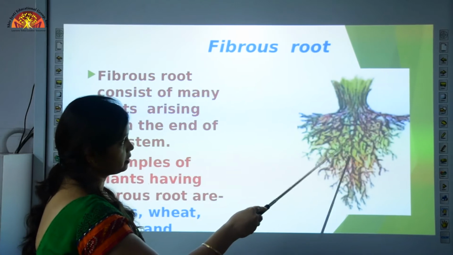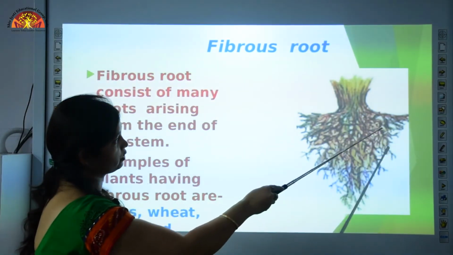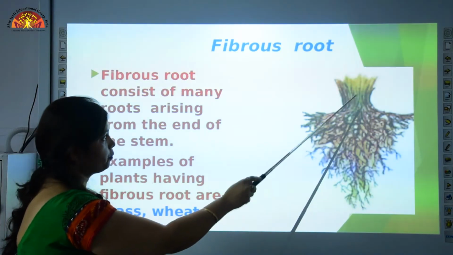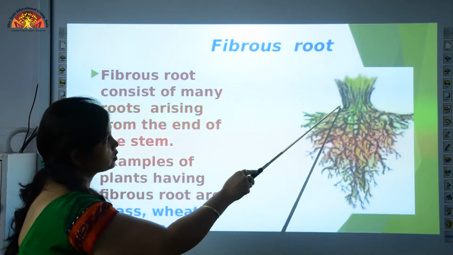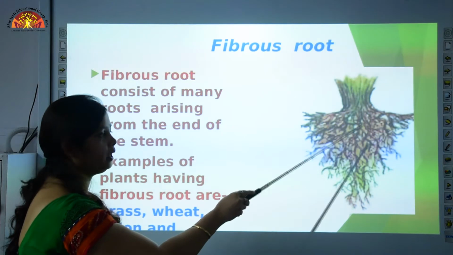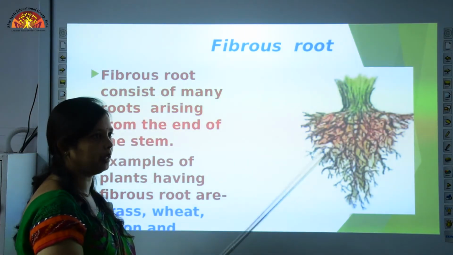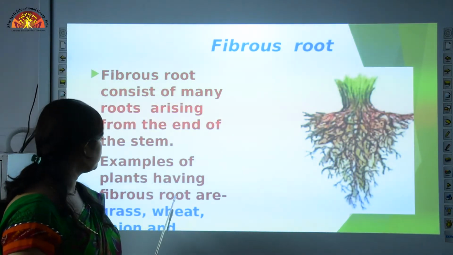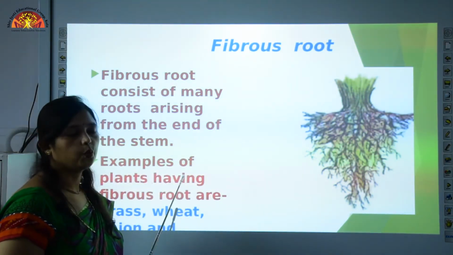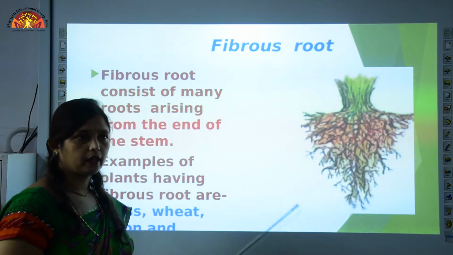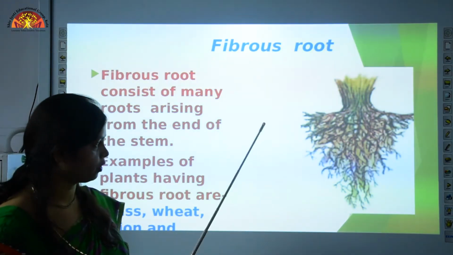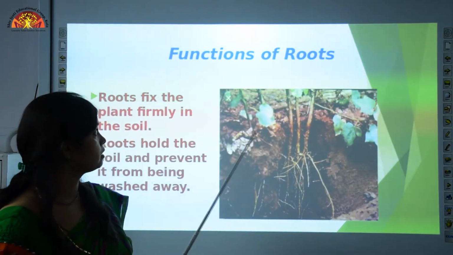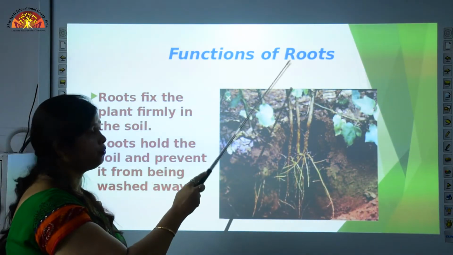Only these are arising in form of small hair-like structures in form of clusters at the base of the stem. ये stem के base से ही small hair-like structures के form में arise होती हैं, and there is no main root over here. Now examples of plants having fibrous roots are grass, wheat, onion, sugarcane, and so many more examples are also there.